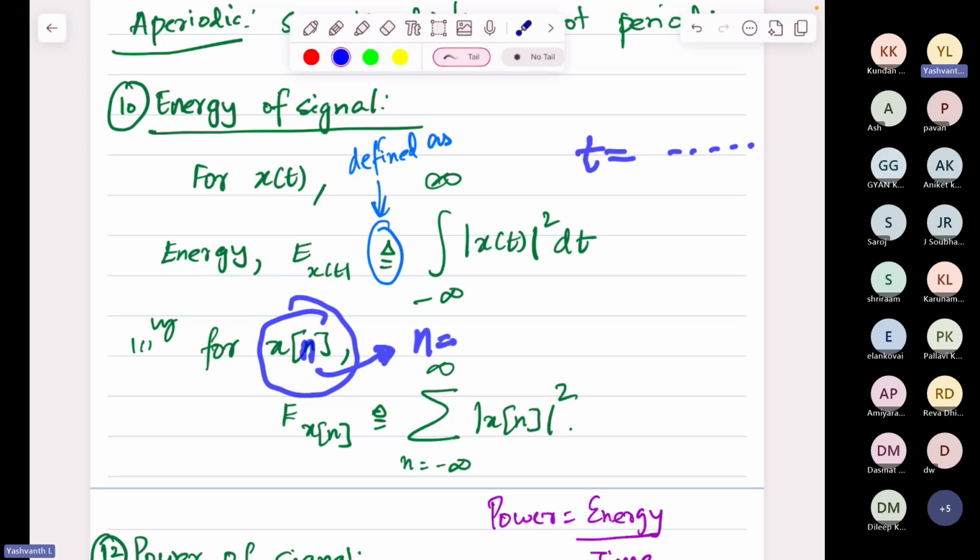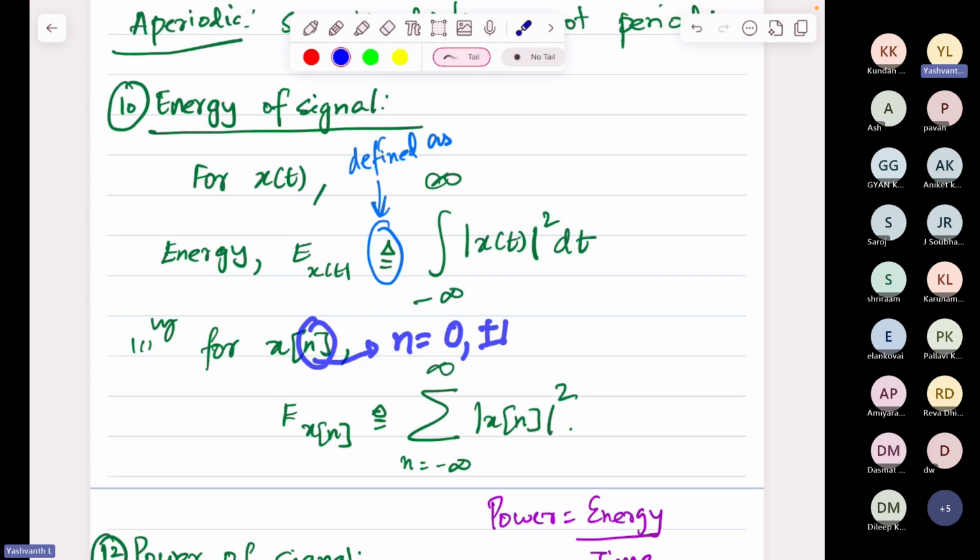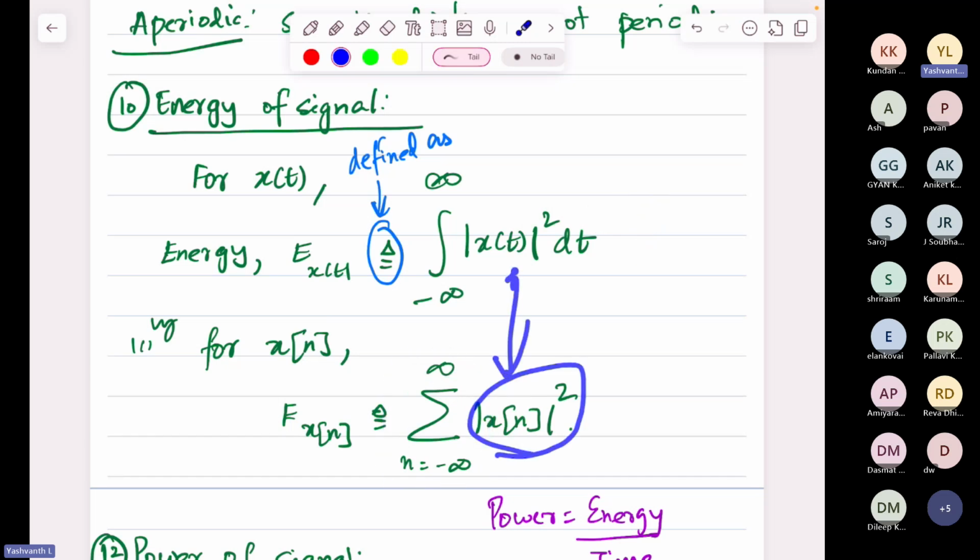That is, they measure n in terms of integers, 0, plus minus 1, plus minus 2, plus minus 3, and so on, because in discrete time I'm only measuring the signal values at discrete integral points of time, and so I'm calling n the index instead of small t. Now for a discrete time signal, the energy is given by the sum over minus infinity to plus infinity of mod of x of n square. It's very similar to continuous, except that the integral is now replaced by summation.